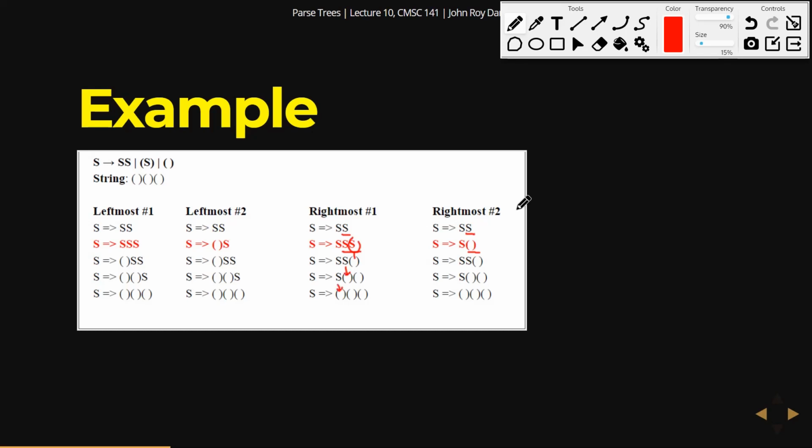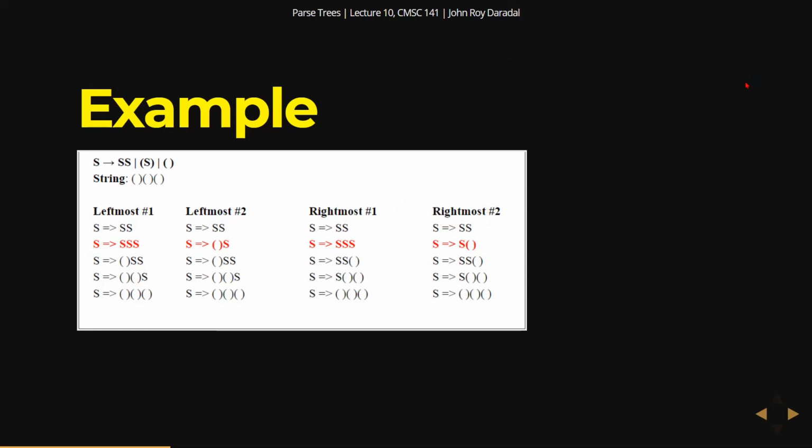So the same here. From S becomes SS, then right there. It looks like they only vary in one step, but in reality, they're already different. So they have two different leftmost derivations, two different rightmost derivations. That makes the grammar ambiguous.